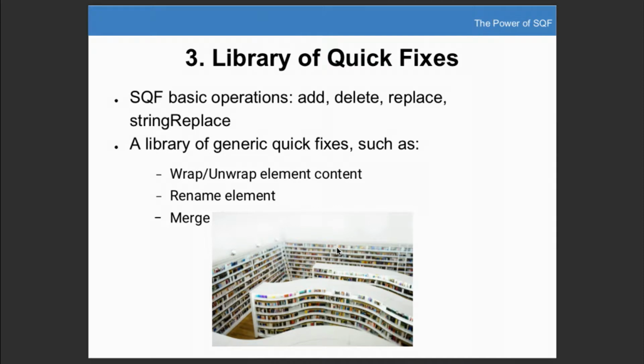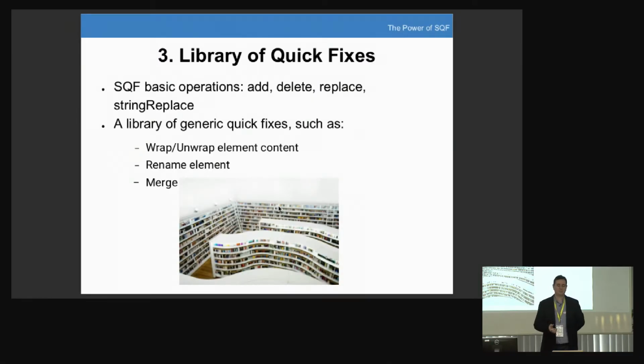Another interesting idea that we had is that the Schematron quick fix language is very simple, has just 4 types of operation. And we wanted to keep it like this because it's easier to learn, it's easier to implement. And there are people asking, okay, we need also a rename operation, or we need also a merge operation, or we need to unwrap or wrap, you know.